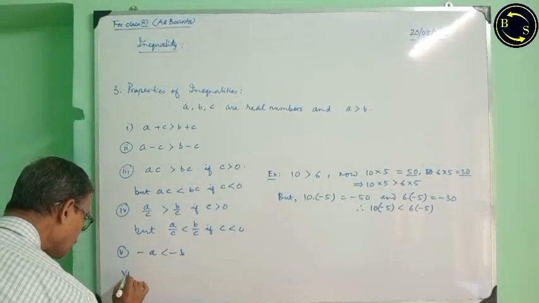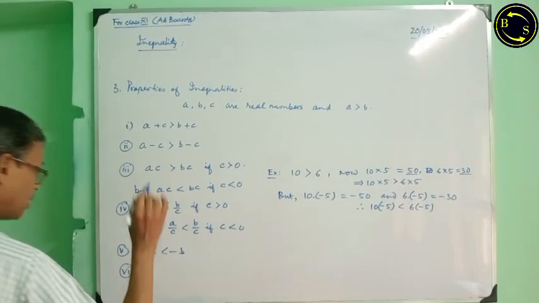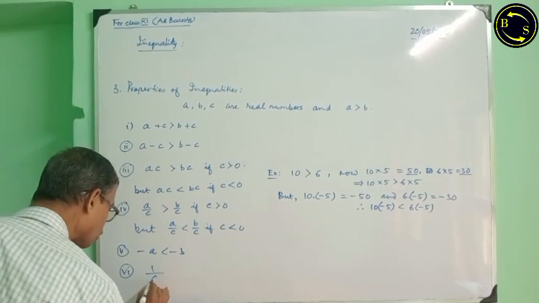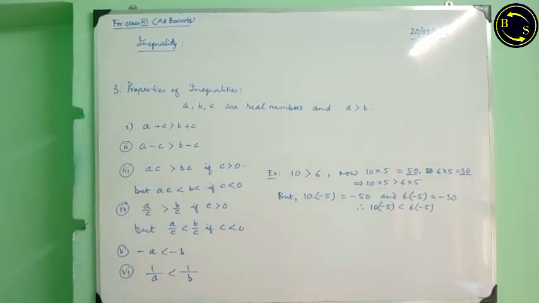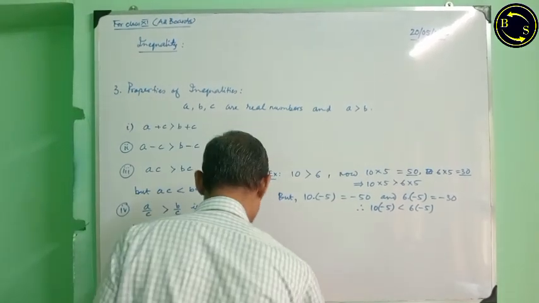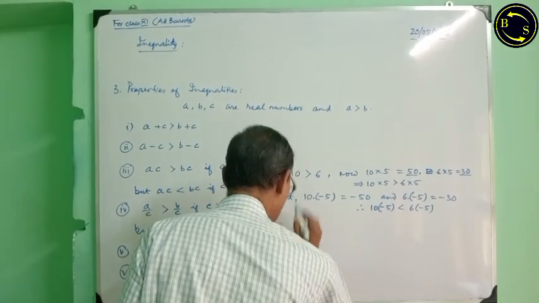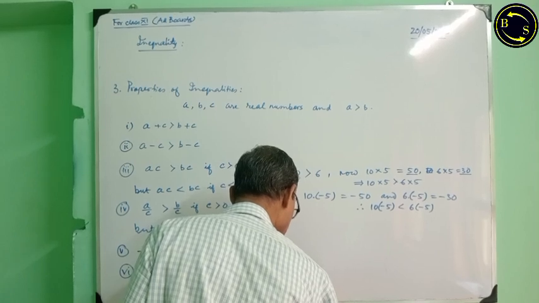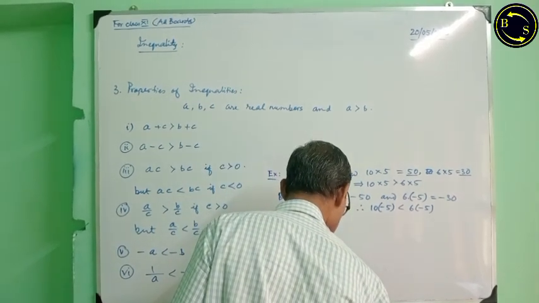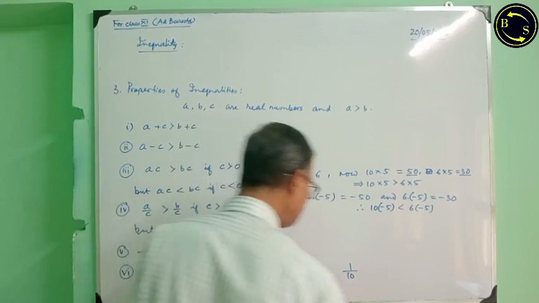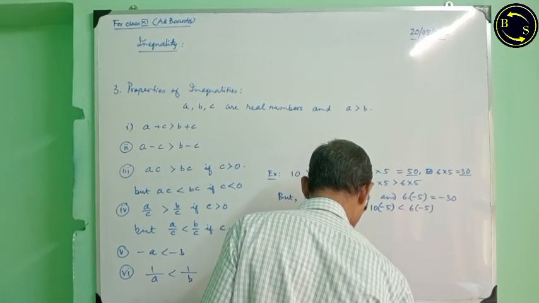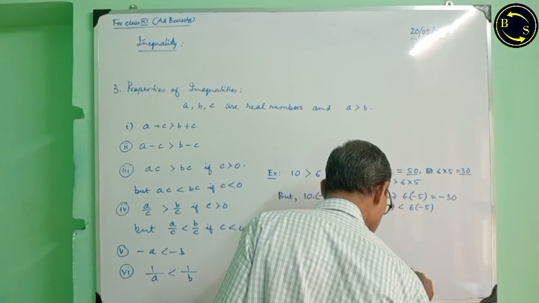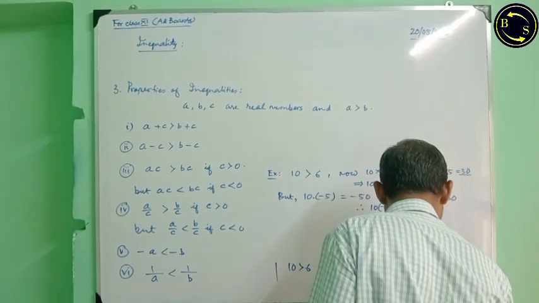Number 6. If A greater than B, then if we take the reciprocal of both, 1 by A will be less than 1 by B. We can take an example. Already I have 10 greater than 6. Now 1 by 10, if we express that in decimal form, it will be 0.1. 1 by 6 is approximately 0.16.